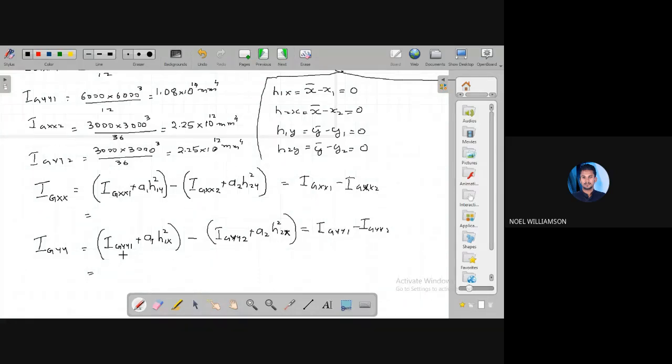So the final answer. Find the final answer. What is the value of IgXX and IgYY?